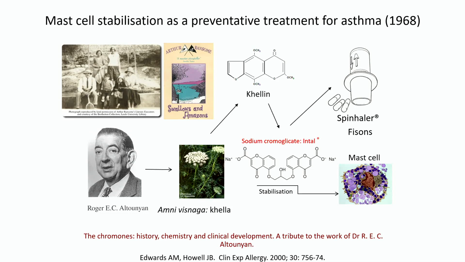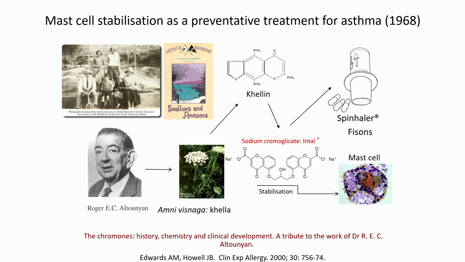And when he heated that at a certain temperature, at a certain pH, it formed what's called a bischromone, which is that structure you see in the middle there, two molecules coming together. And quite by accident, they showed that this could inhibit allergic reactions, in particular the early allergen challenge reactions in the lung, and of course in vitro could stabilize, in inverted commas, or inhibit IgE activation of mast cells. So this was sort of a non-steroidal approach.